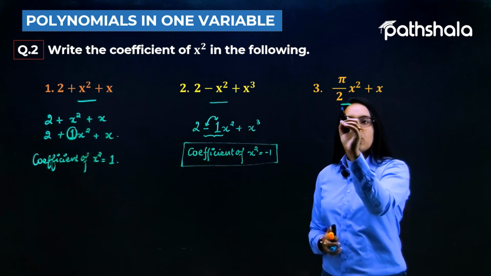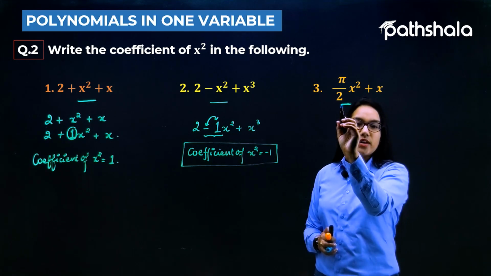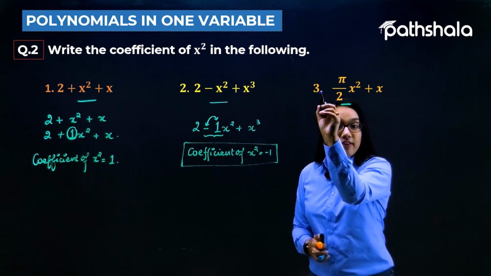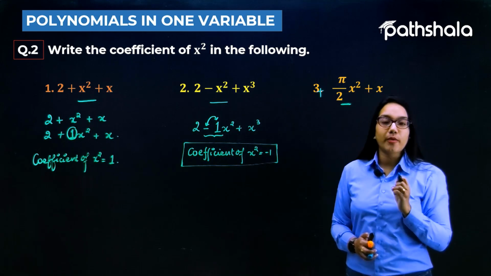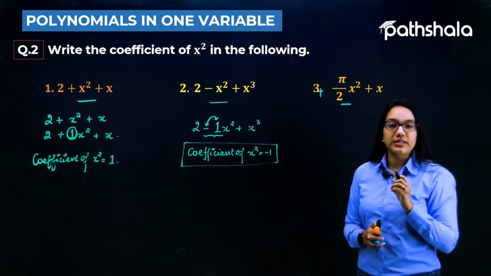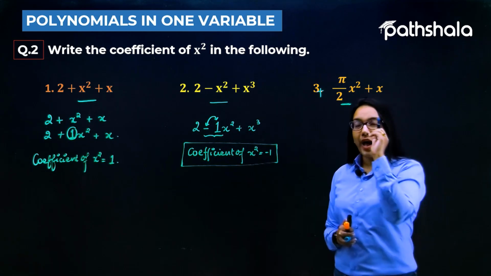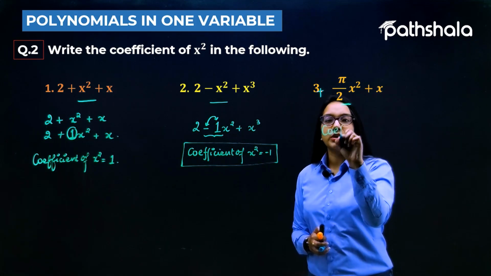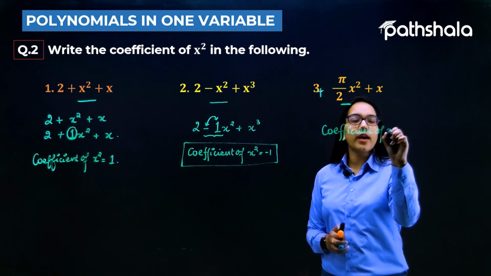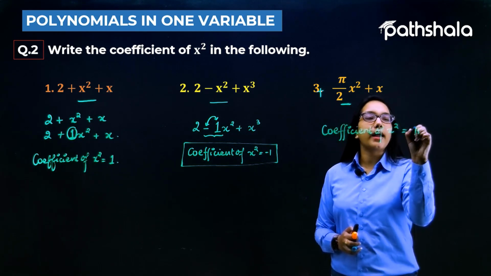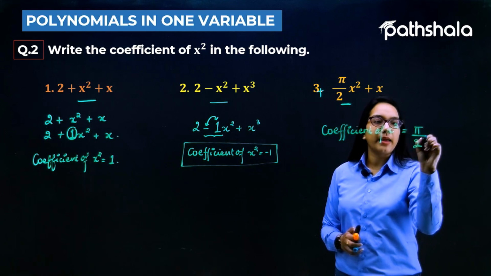So the constant with this x square is pi by 2, having a positive sign. If there is nothing in front of a constant, then that sign is always positive. So what is the coefficient of x square? It is pi by 2.